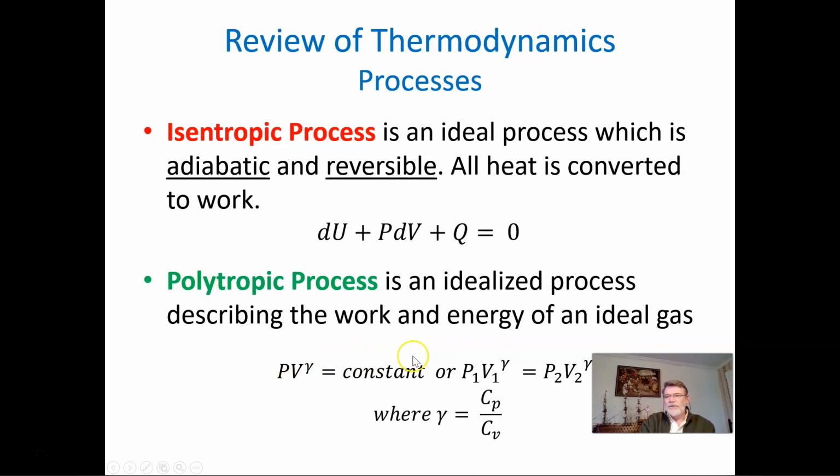So what that allows us is to relate one state to another. So state 1, P1, V1, is related to state 2, P2, V2 through that formula. Very convenient. And gamma is the ratio of Cp and Cv.